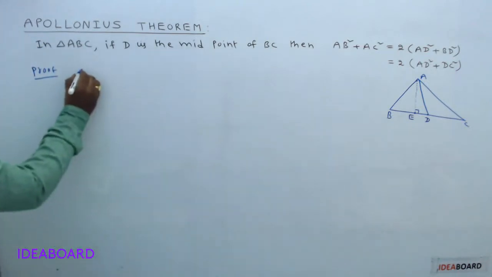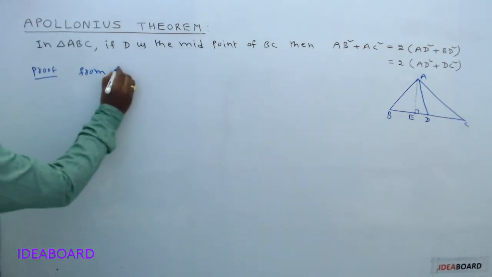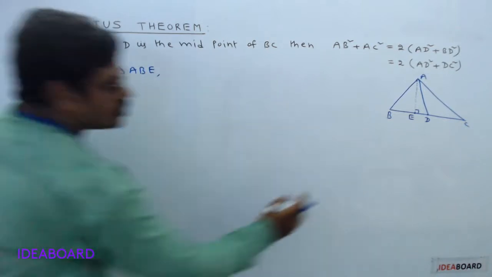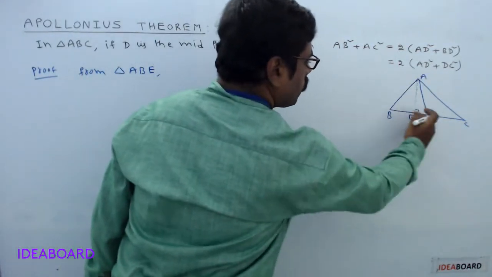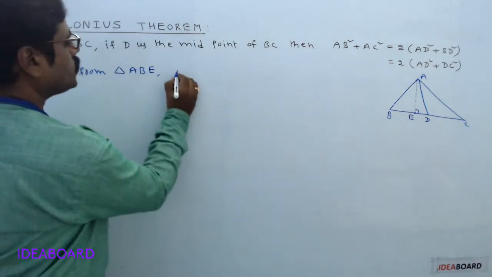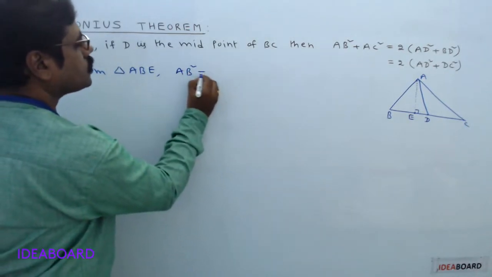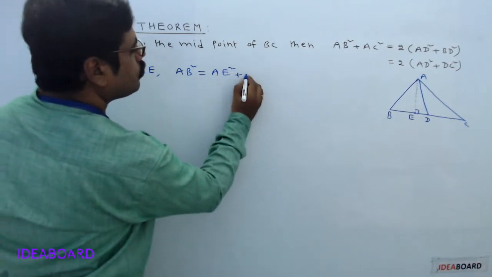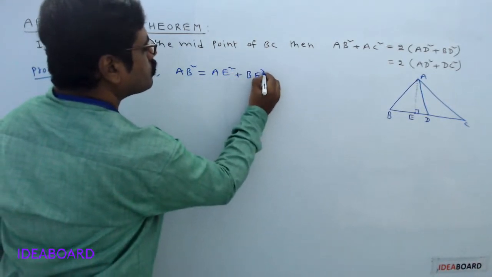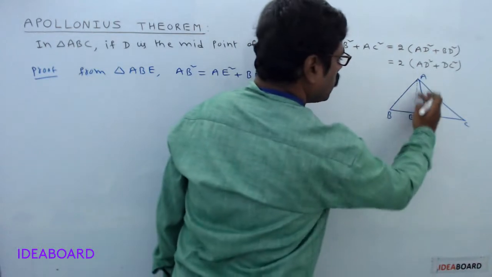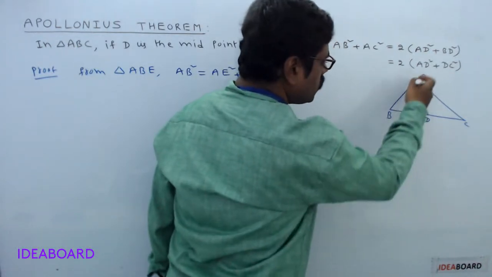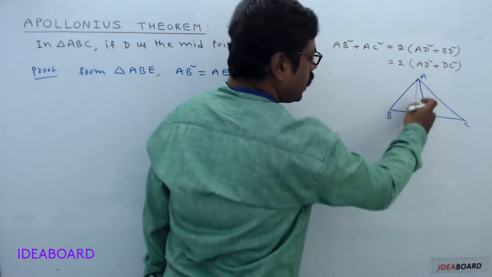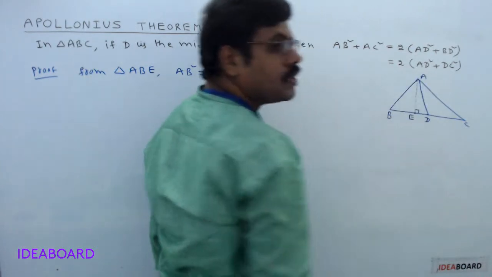First from triangle ABE, apply Pythagoras theorem. Here AB is the hypotenuse, so AB square equals AE square plus BE square.